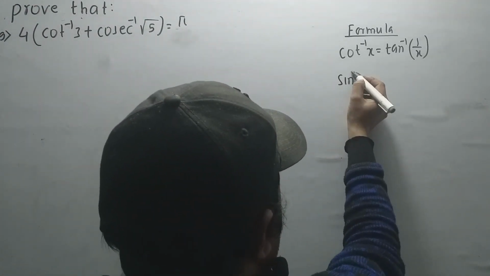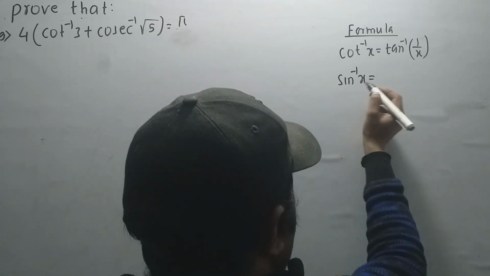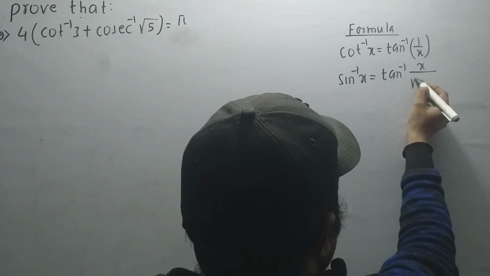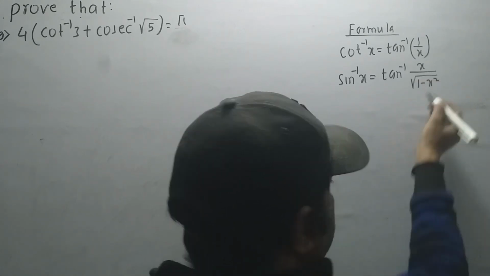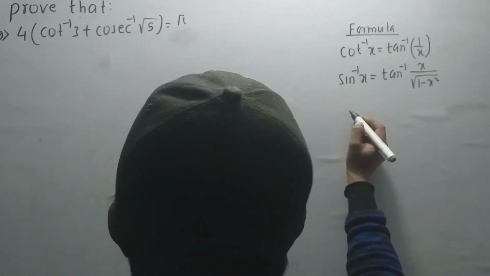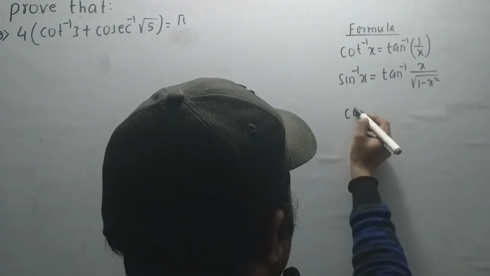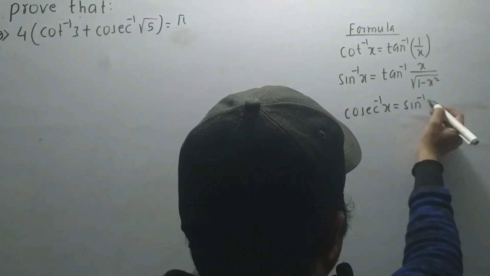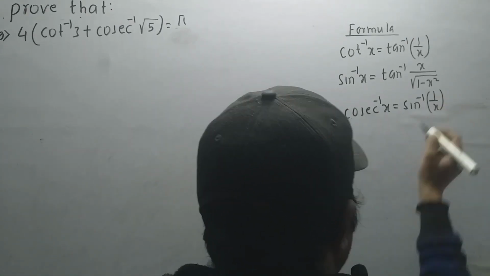Now the next formula: sin inverse x in terms of tan, you write here tan inverse x by under root of 1 minus x square. After that you need to remember the next formula here: for cosec inverse x, you replace that by sin inverse 1 by x.